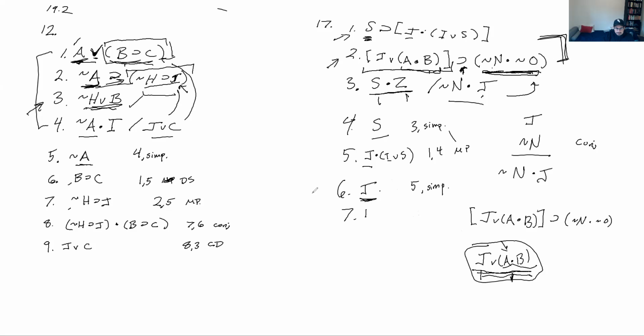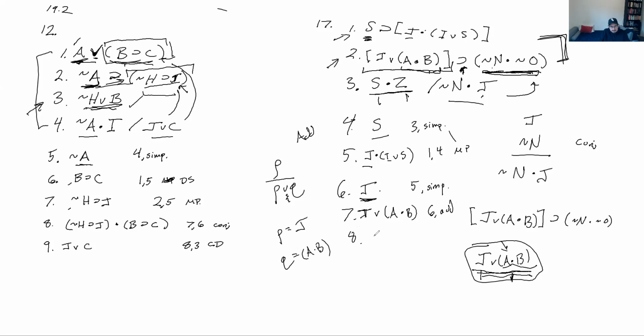So for this, remember addition looks like this. We start with P, then we get to add anything we want to, so long as it's combined with a disjunction, with an or. And in this case, P is our J, and Q is our A and B. So we're going to write J or A and B from 6 addition.